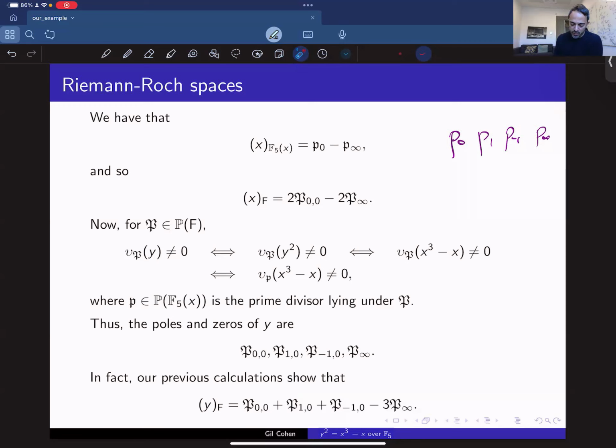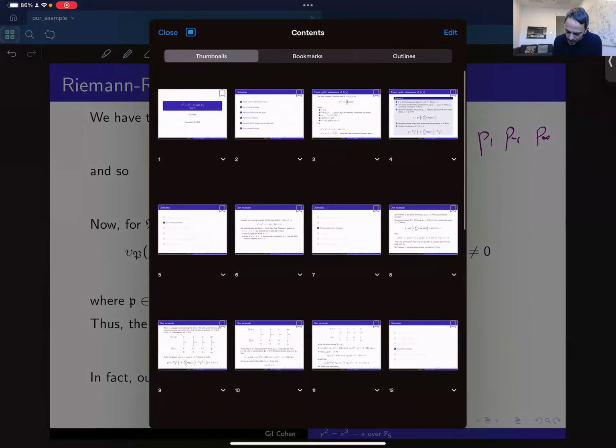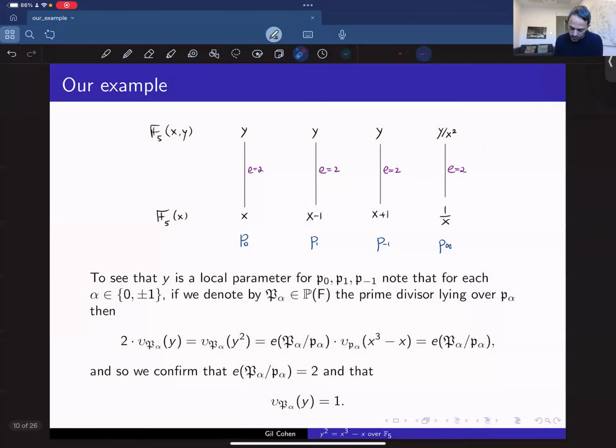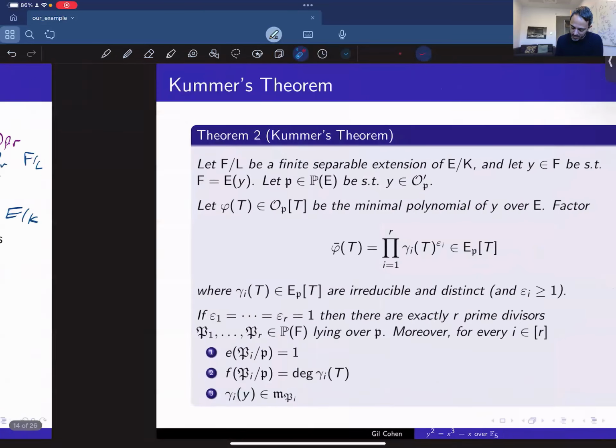This is something that we did before. I can scroll and find it, but maybe we did it in the previous example, I'm not sure. Oh yeah, we just happened to find it by accident. Good. So the valuation for each of these alphas is 1. That was nice.